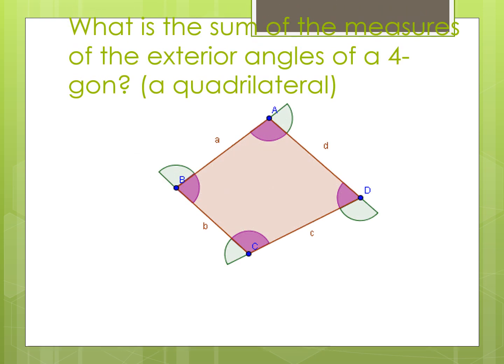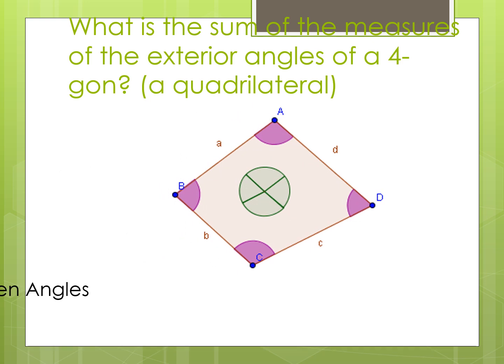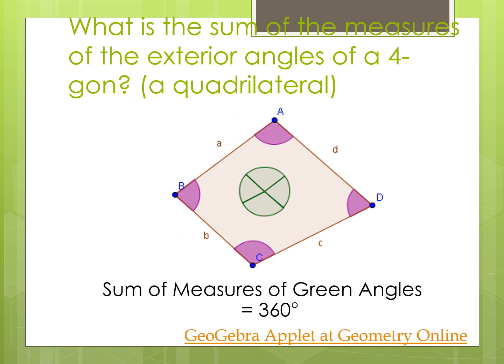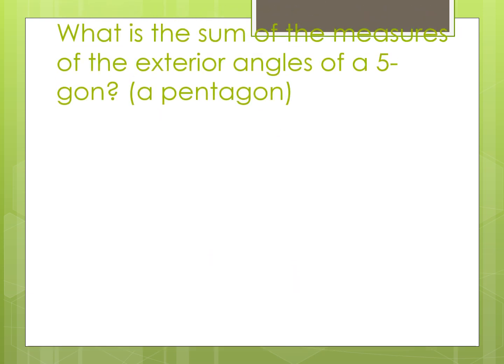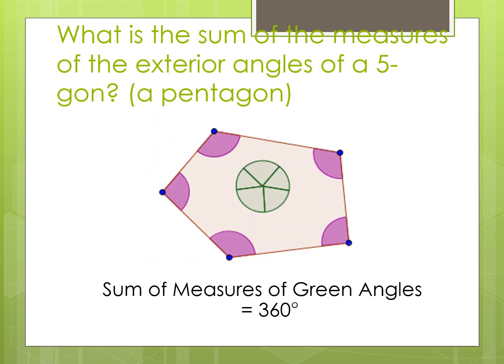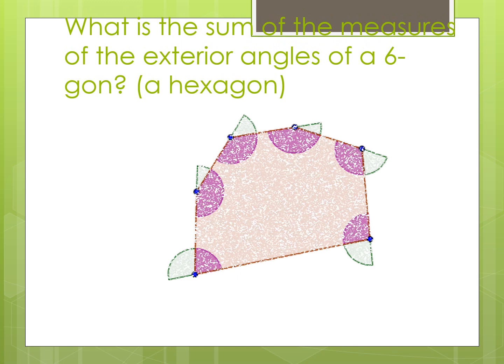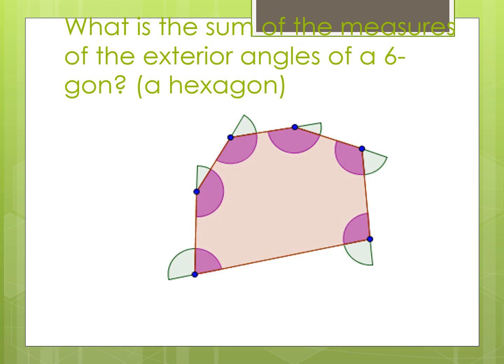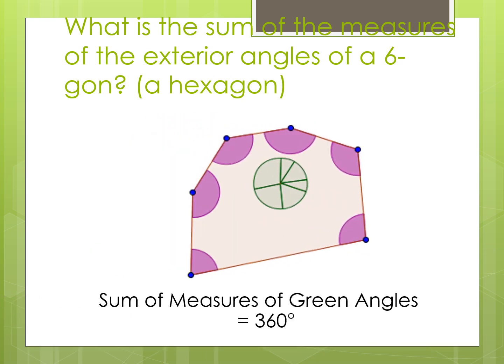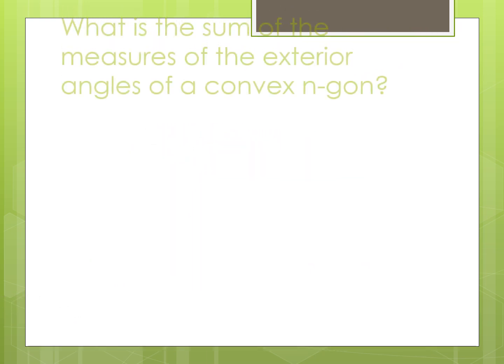So if we have this, the green part here is what they call 360, the outside layer of the quadrilateral. In the pentagon we have 360. In the hexagon, we have the green part here, and it measures 360 degrees.